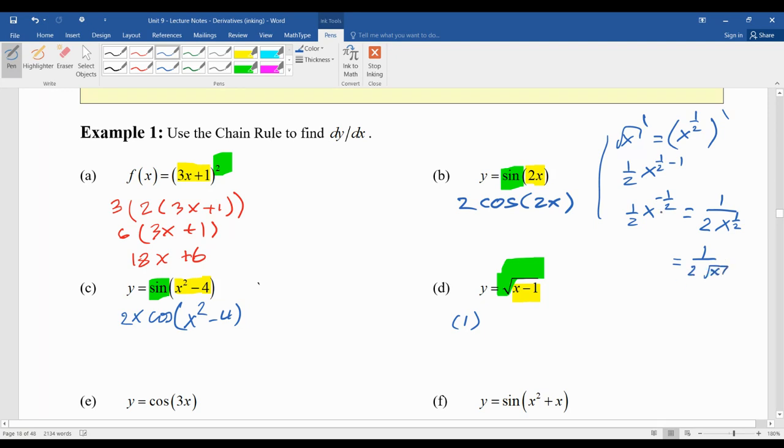So what I want you to catch here is there's a shortcut that we're going to be using. Each time we have a square root, we don't want to go through all these steps. So what you want to do is take the derivative of the radicand, which is the expression inside the radical, in this case x.